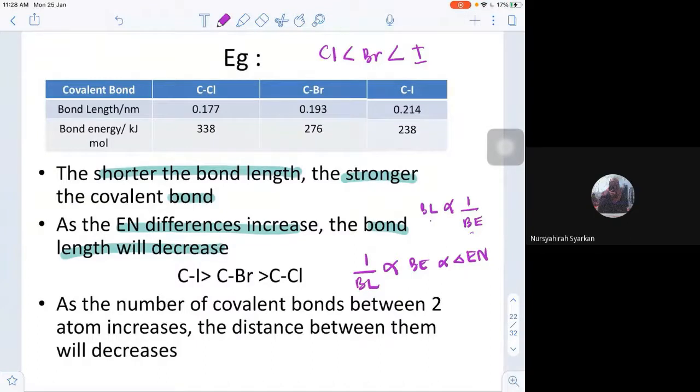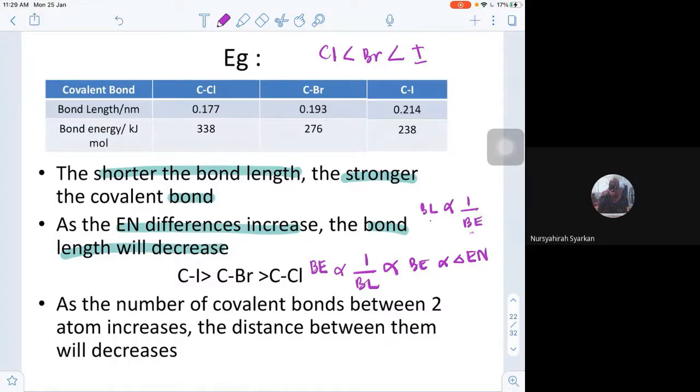And then the third one: as the number of covalent bonds between the two atoms increases, distance will decrease. The more covalent bonds made means the triple bond is shorter than double, and double is shorter than single. It means that the bond energy is directly proportional to the bond order, and inversely proportional to the bond length.